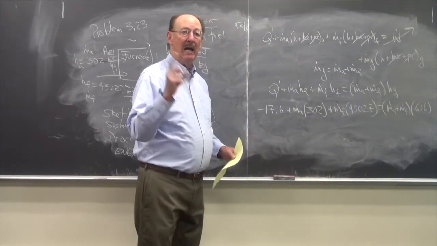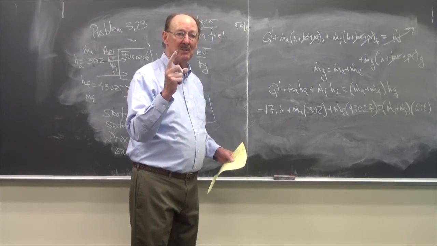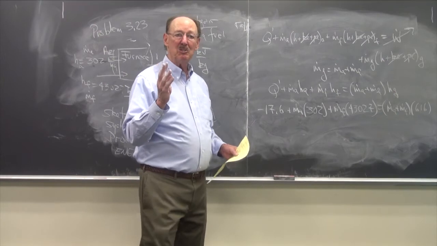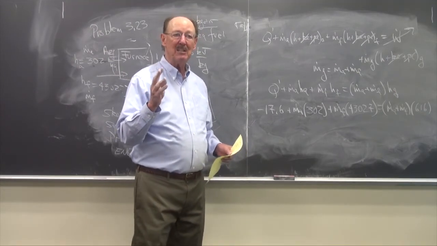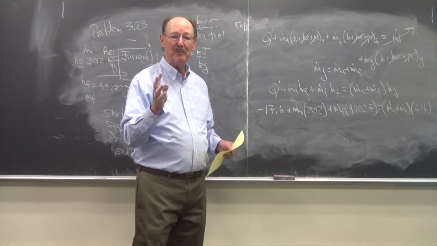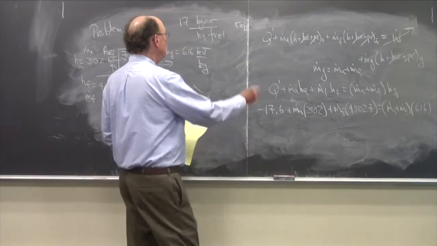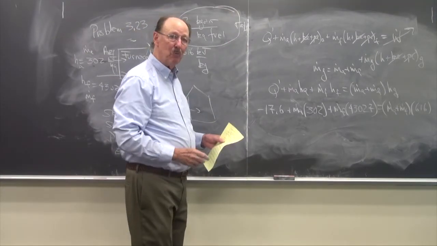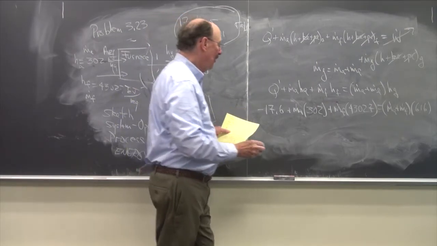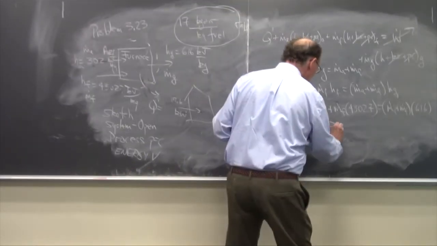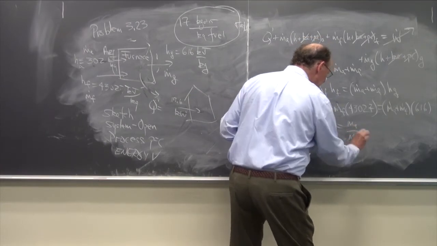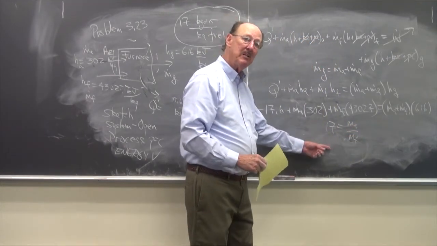Oh dear, I have one equation and two unknowns. What are we going to do? From an algebraic problem-solving perspective, you look to see if there's any other information given. The other piece of information is this. How do I use it? What does that mean? So I know that 17 is equal to MA over MF, kilograms of air per kilogram of fuel.